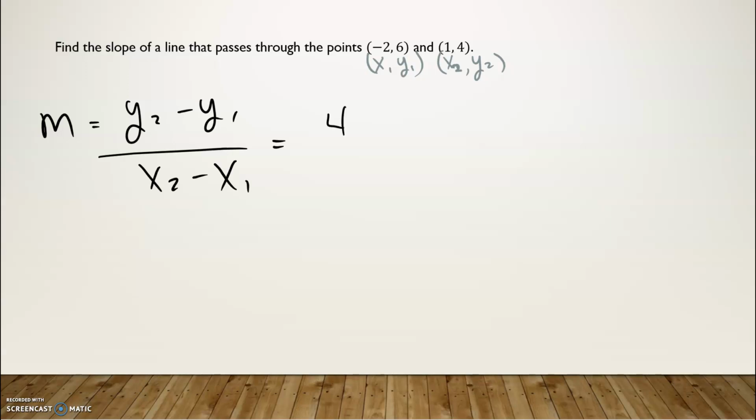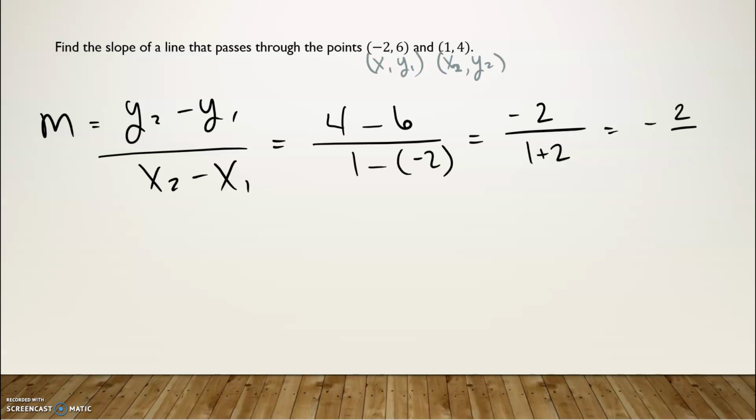Y sub 2 is 4 minus 6 over 1 minus negative 2. So 4 minus 6, that is negative 2. This is 1 plus 2, so this is negative 2 over 3. And that's your slope.